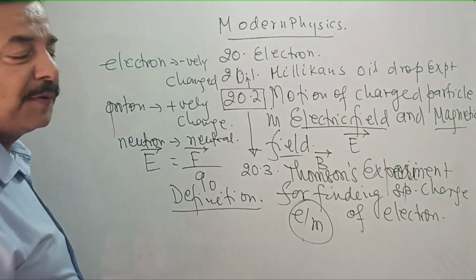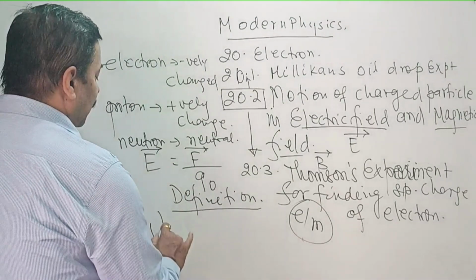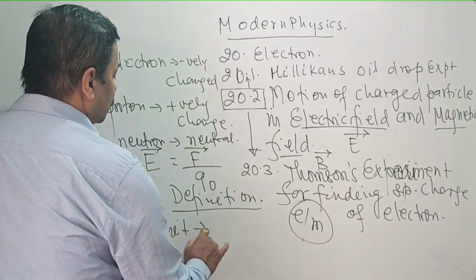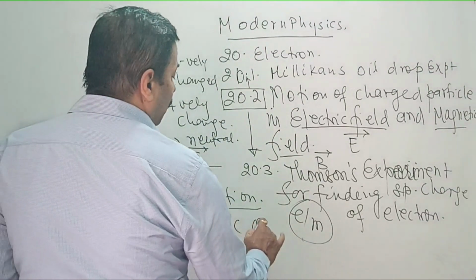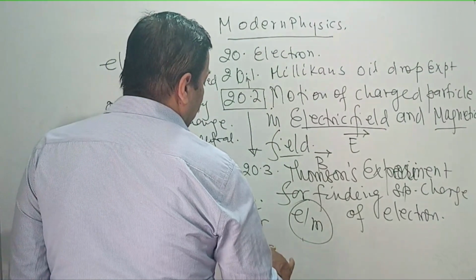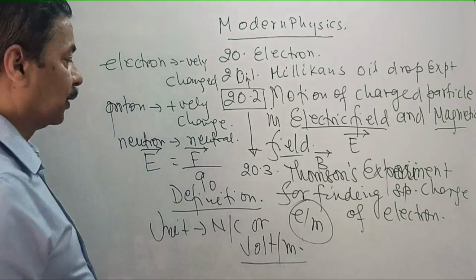When this is the definition, then certainly we can understand its unit will be Newton per coulomb or volt per meter. This is the unit of electric field.